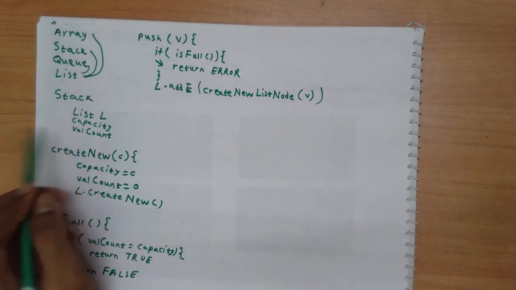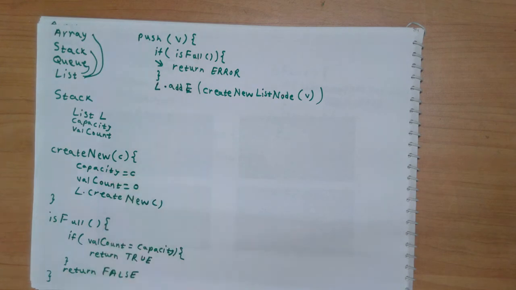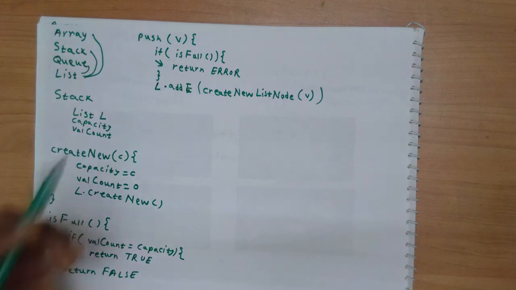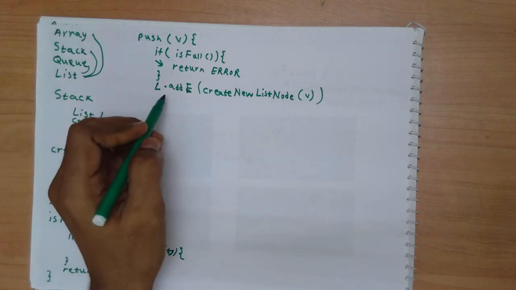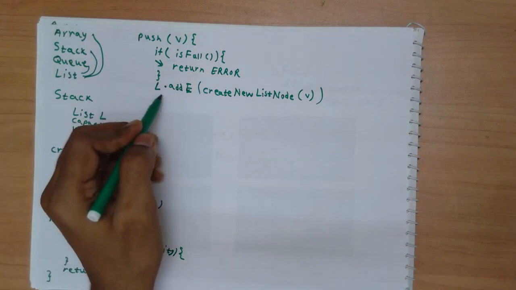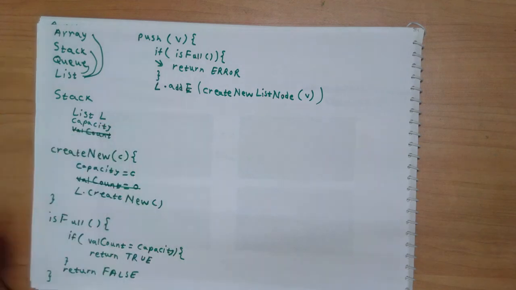But now even the list can tell me how many elements are there in the list, okay. So in the alternate implementation, what I can do is I can remove my val count variable. I don't really need it, okay, and I can say that I'm going to access the list dot length, or I'm going to call function l dot get length.